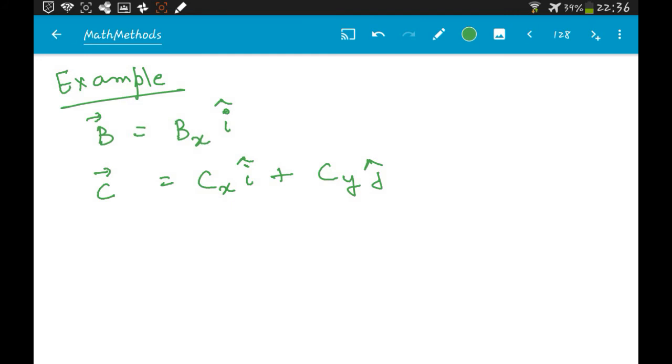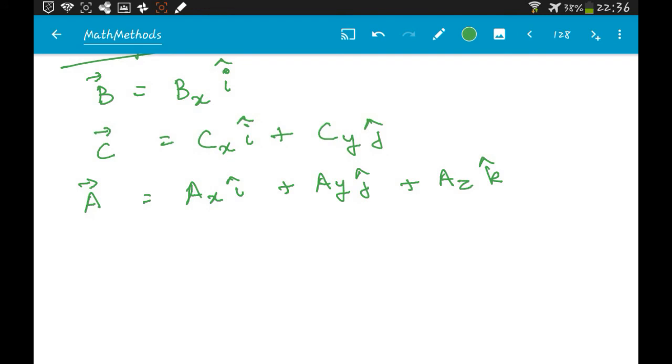So C has two components, i and j. And A is Ax i plus Ay j plus Az k. Now we want to see what is B cross C, and then we'll do A cross B cross C. We want to get the triple product.